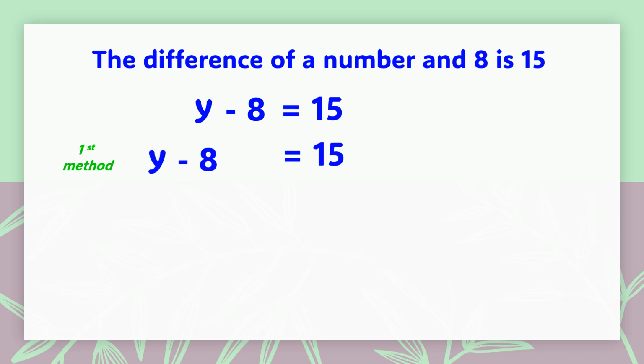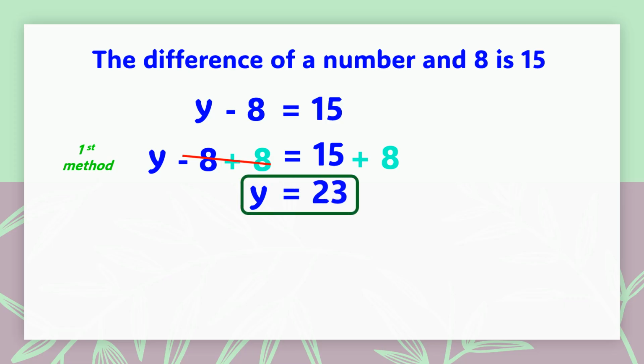For minus 8, the opposite operation is plus 8. And the same number, plus 8, we have to take on the right side also. Then minus 8 plus 8 simply get cancelled. 15 plus 8 is 23. Y is equal to 23.